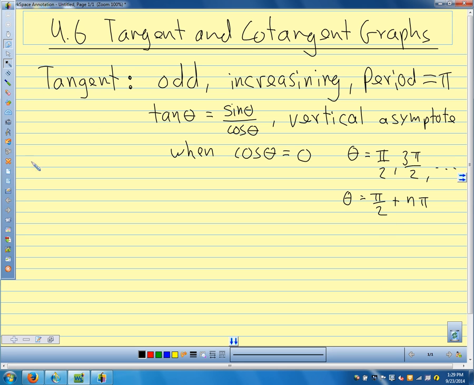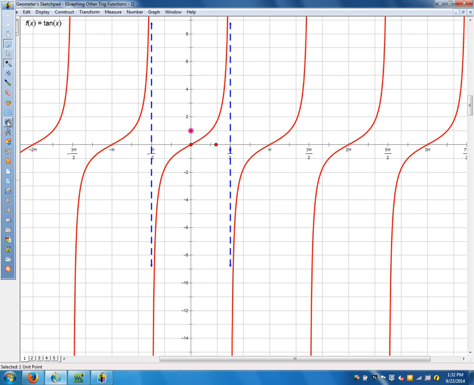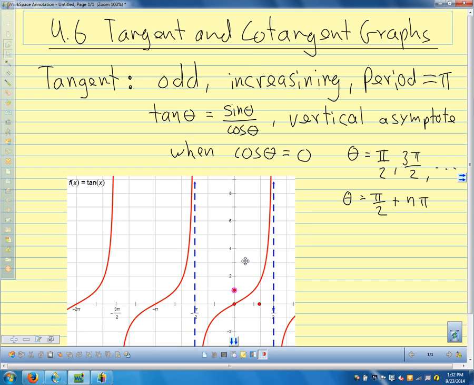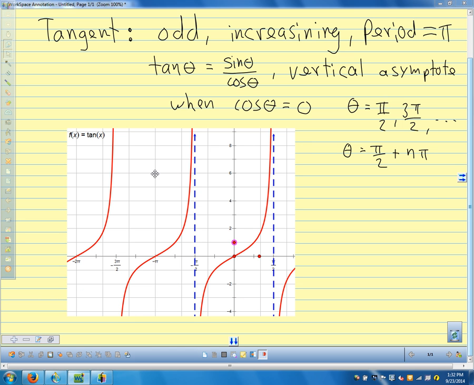So let me grab a picture of a tangent function. So there is a picture of our tangent function. Here are my two asymptotes. So I have one at negative pi over 2.